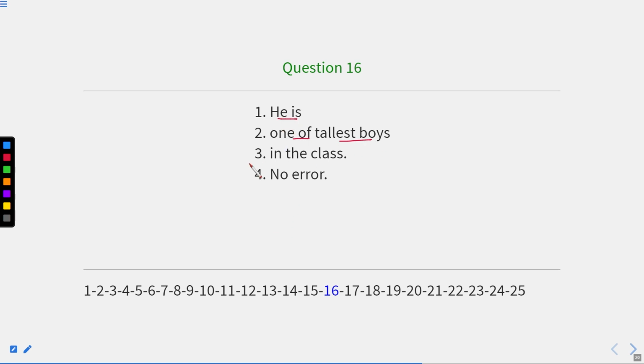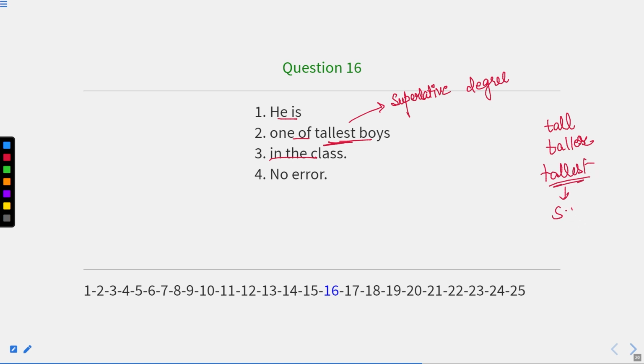He is one of tallest boys in the class. Now, tallest is actually the superlative degree of adjective tall. Tall is the positive degree, and after that taller, and the superlative degree is tallest. Before any superlative degree of adjective we need to put the, always, that is the definite article.